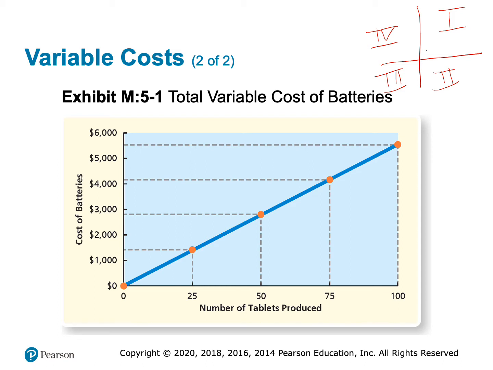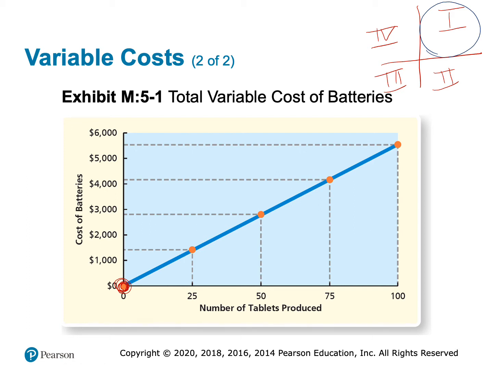We live up here in quadrant 1. We always operate out of quadrant 1. That is because costs are always positive. You can't have negative cost. And production is always positive. You can't have negative production. Now, a variable cost, very important here, always starts at 0, 0. So if we are making 0 units, then the total variable cost is 0.